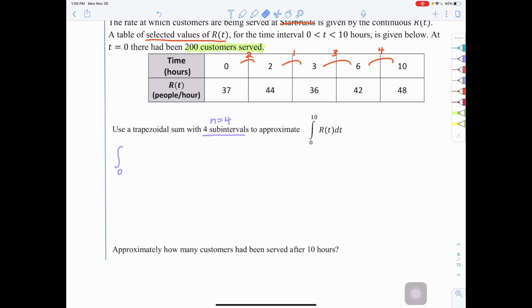The integral from 0 to 10 of r of t dt, because remember, those are selected values here, is about equal to T4, because we're approximating with T4, which is equal to, now, we can't find delta x. Don't use a constant delta x. The width is changing.